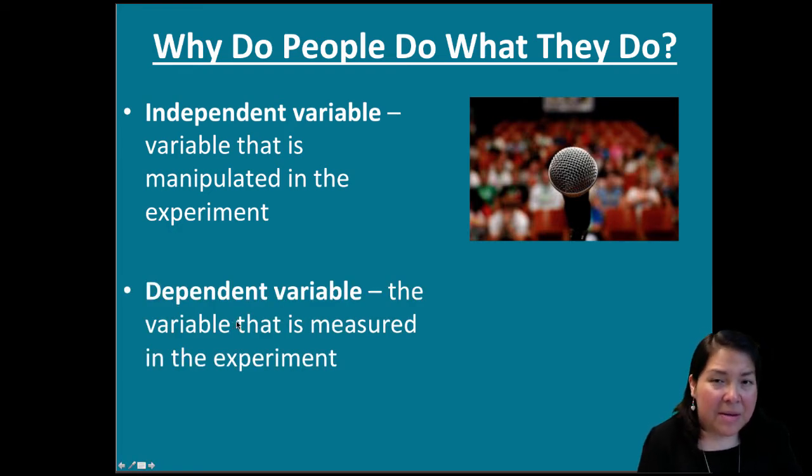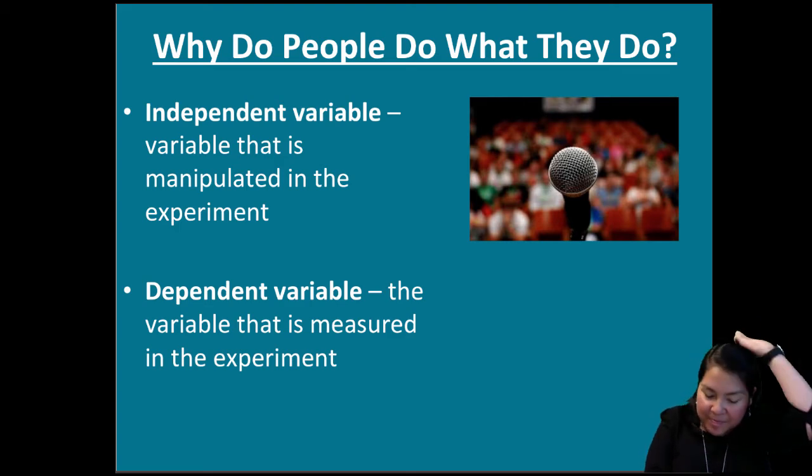We also have a dependent variable, which is something that we measure. So within that example, we wanted to look at their performance on a test, and so that would be the dependent variable.